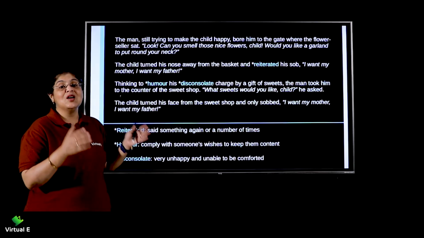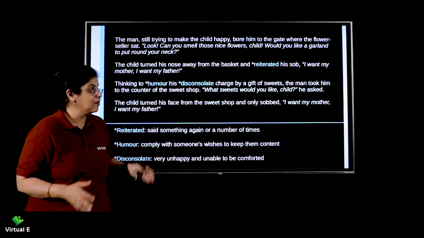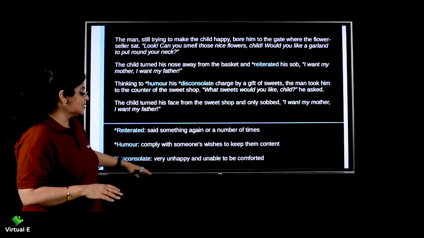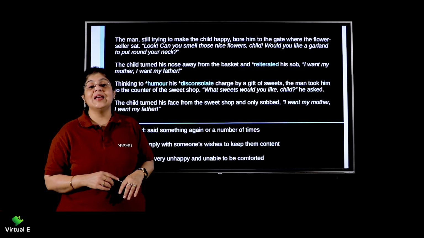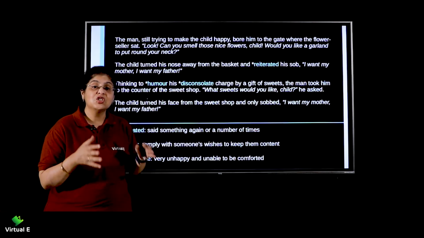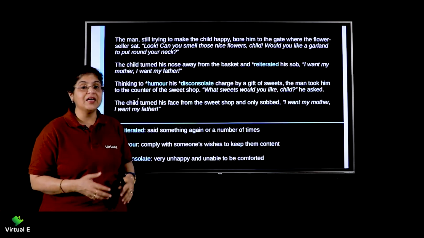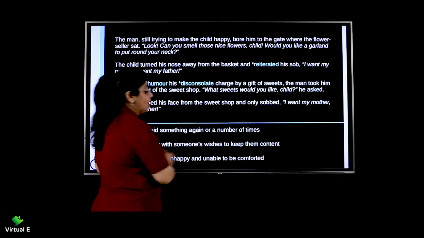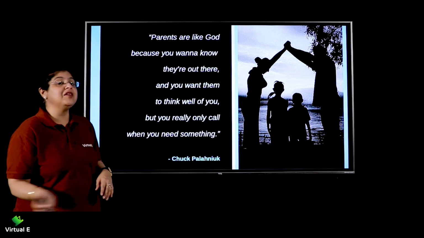The child was stuck to the same dialogue. He was totally disconsolate, as in he was very unhappy and unable to be comforted. That man could not stop him from crying, from screaming the same dialogue again and again. He tried various ways.